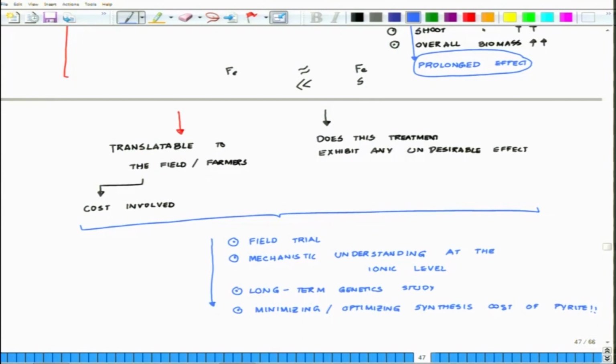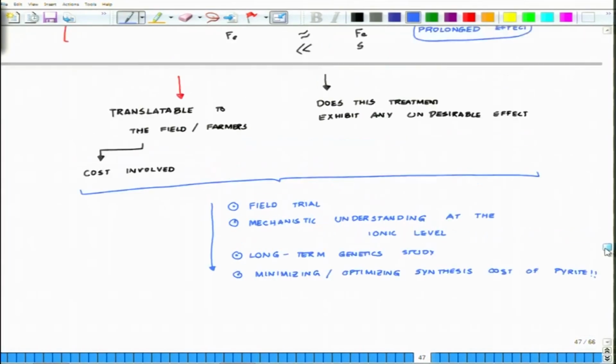Okay? So, that is an issue which has to be addressed before we get a grip on using the huge amount of pyrite which is available. Now, coming back, these are some of the things that needed to be answered before this study could be taken to the next level.